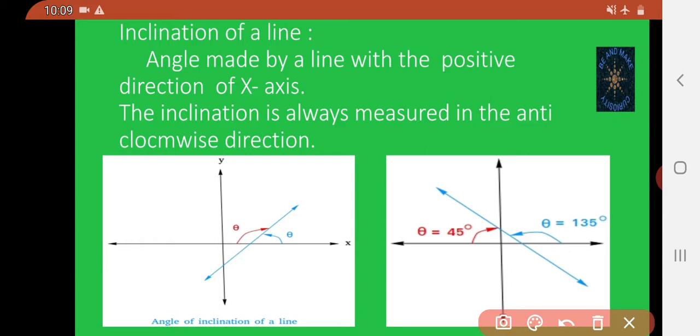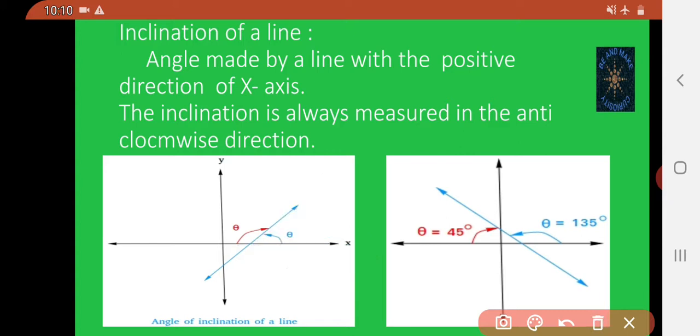Here you see this is the initial line, and from this line you go in the anti-clockwise direction, then you get the angle theta. This is the angle between this line and the positive x-axis.